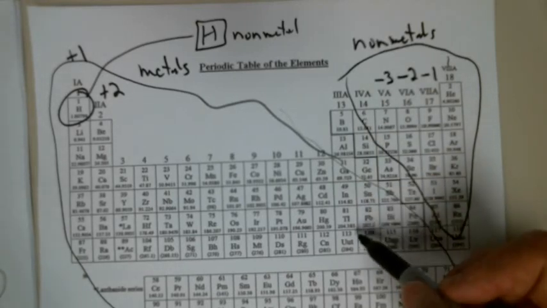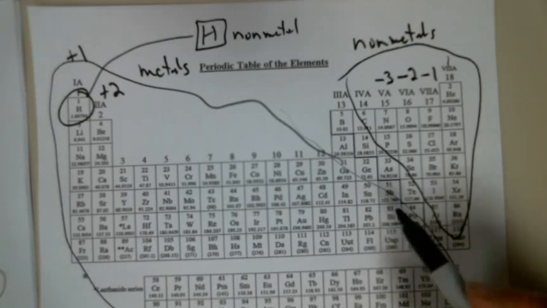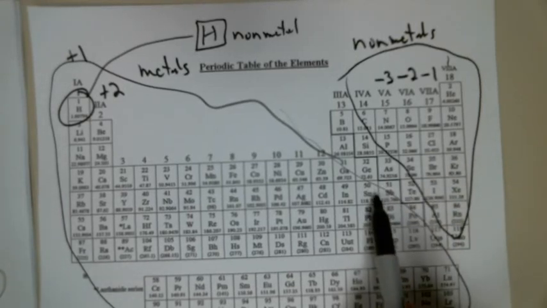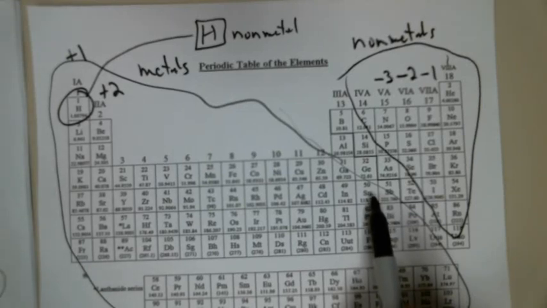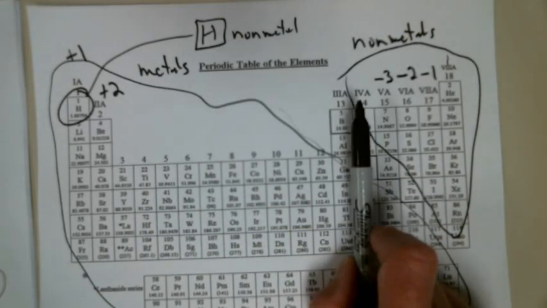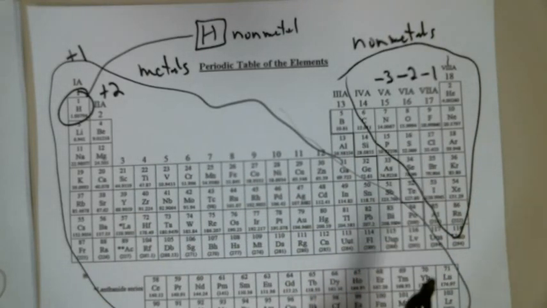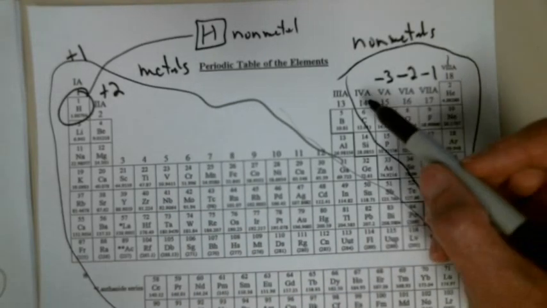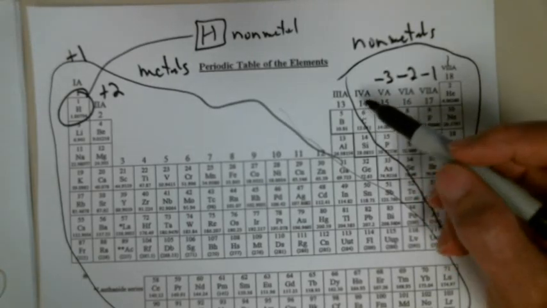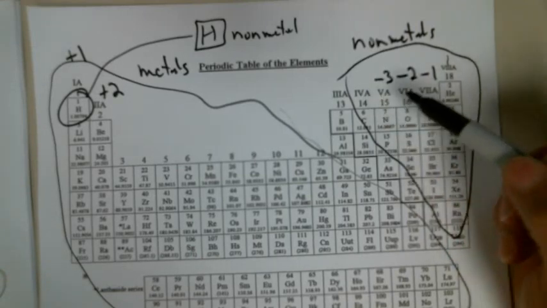Well, if you get down here, lead, tin, those don't always have the same charge, okay? They're going to act more like transition metals, even though technically they're in this group. So there's no rule for group 4. None of those are going to be in ionic compounds that we will know the charge on the metal based on it.